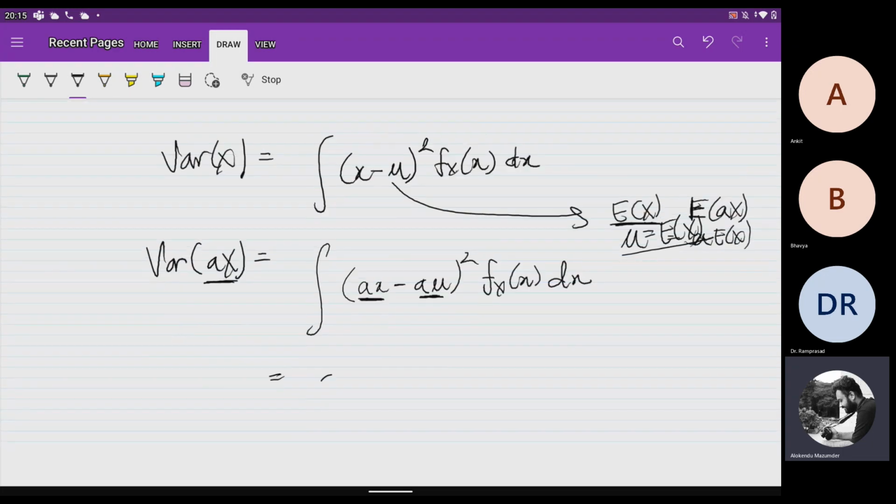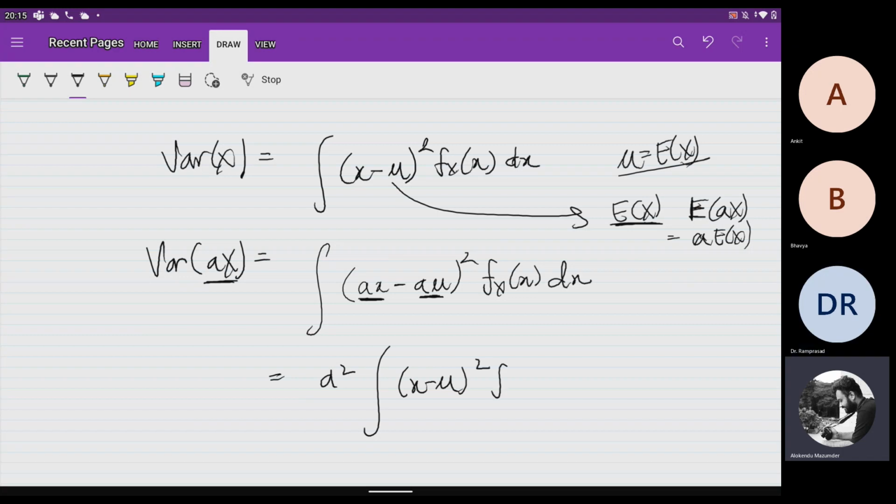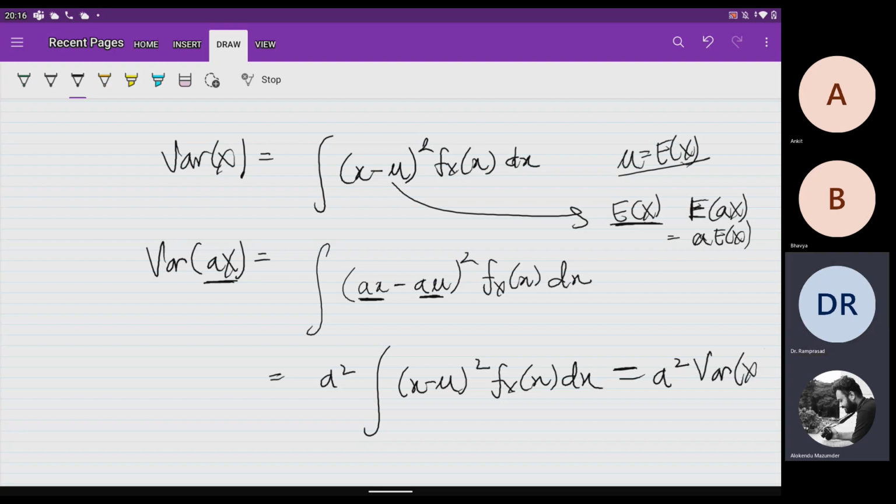Now you can definitely take a square out and you will get this. Hence this will be a square times. Will we not get fx of ax here? Here, fx of ax, because you are taking variance of ax.